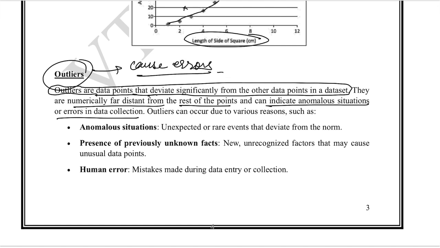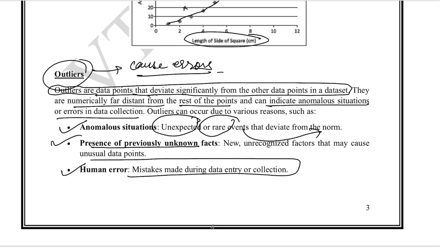Okay. So what are the anomalous reasons? First is an anomalous situation where unexpected or rare events deviate from the norm. Next is the presence of previously unknown facts, where there can be many ranges of data which are not required as such, so you just remove them. Not required. Next is human error. What if mistakes are made during entry or collection?